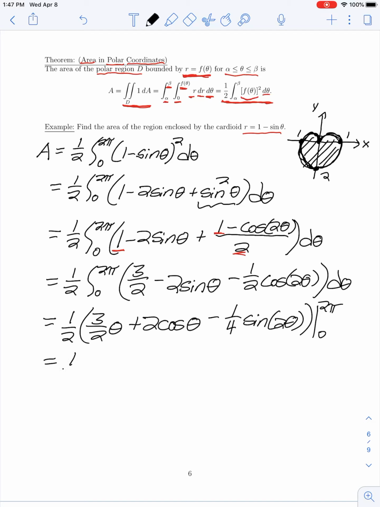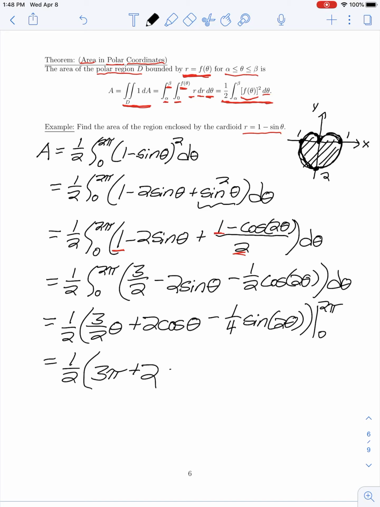So we have a 1/2 times, when we evaluate this antiderivative at 2 pi, we have 3 pi plus 2 times cosine of 2 pi. So that leaves us with 2. And then minus 1/4 sine of 4 pi, which is 0.